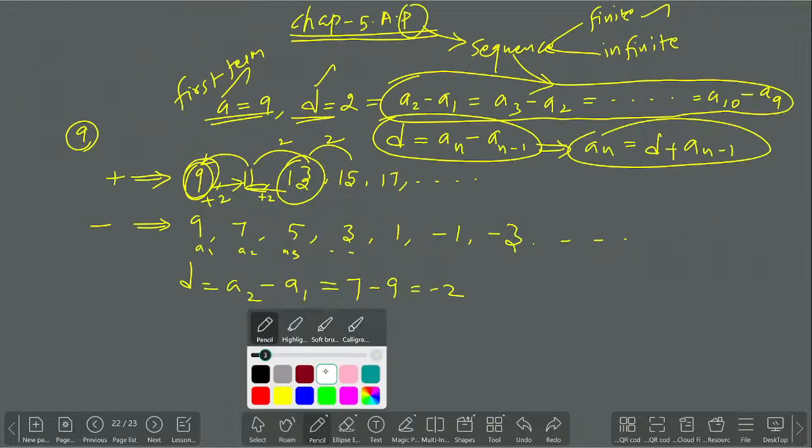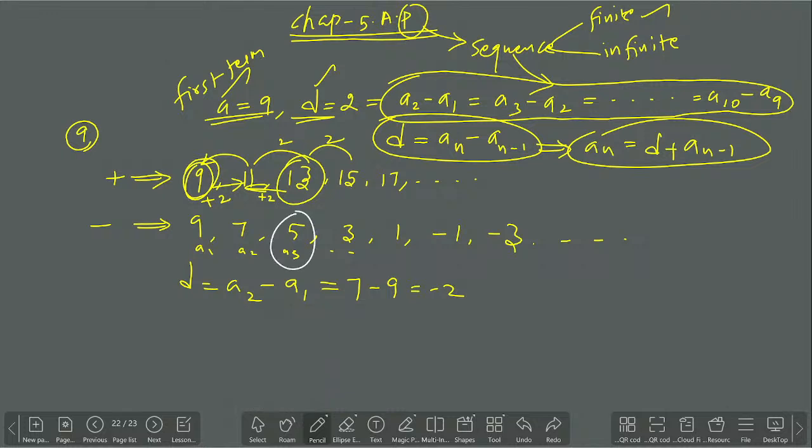I am taking now, this is what term? Third term. Am I right? What is A in this sequence? 9. What is D? I have done here already: minus 2. I have a formula, the general term formula: An equals A plus n minus 1 into D. Suppose I want to find the third term, let me see what I am getting.